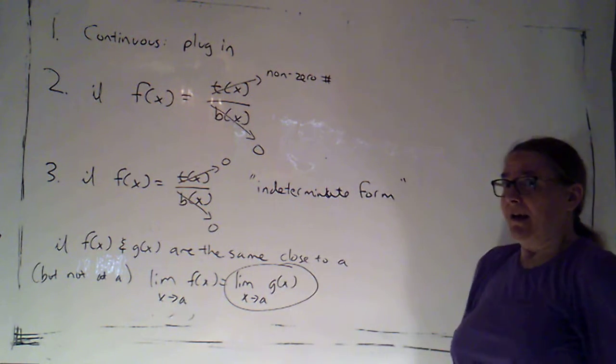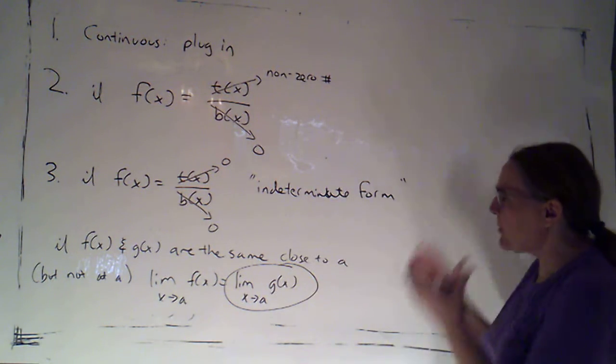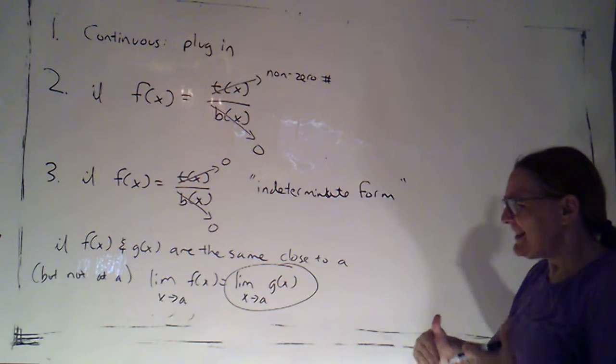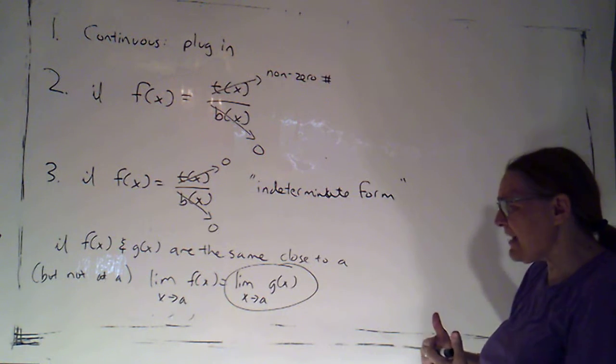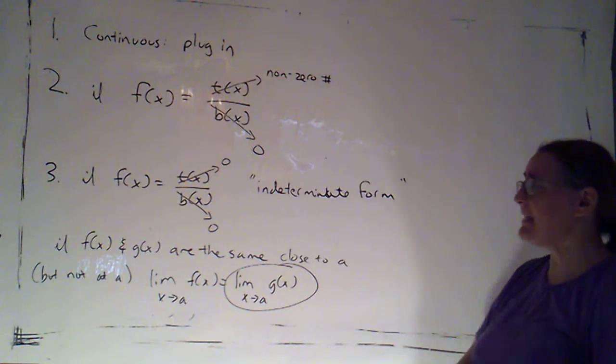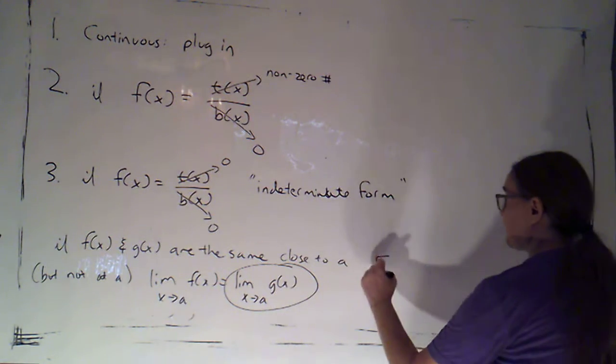Okay. That sounds kind of crazy. So what we're supposed to do is we're supposed to find some other function that's the same as f close to a, but not at a, and then evaluate that limit. So that's our strategy.